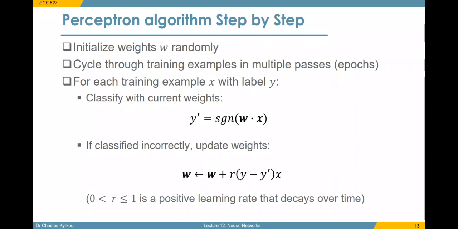And if it's classified incorrectly, then we update our weight values by a fraction of the input multiplied by the difference between what we want as the output and what we get as the output from the classifier. And when we do that, we don't add the whole value, but we add a fraction of it using a parameter R called the learning rate. And this is basically the update rule for the perceptron.